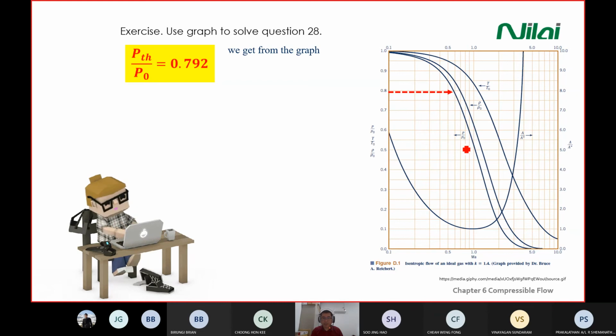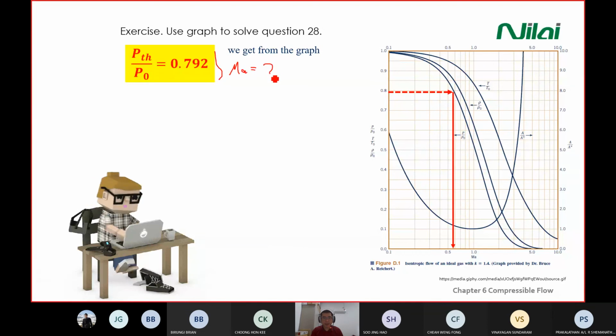Then you look at the parameter you want. Because you are using the pressure ratio, you use around 0.8 here. You go and touch the pressure ratio line, because this number will tell you what is the Mach number at this value. So from this graph, straight away, you touch the pressure ratio line, you extend down, you get 1 Mach number.